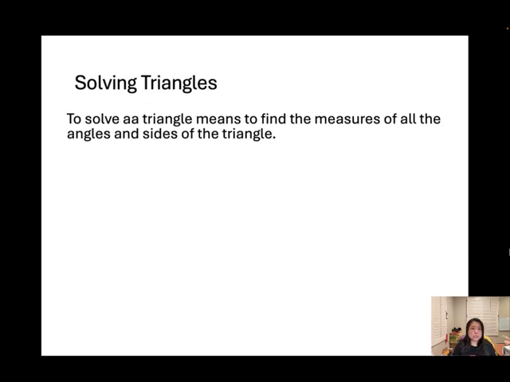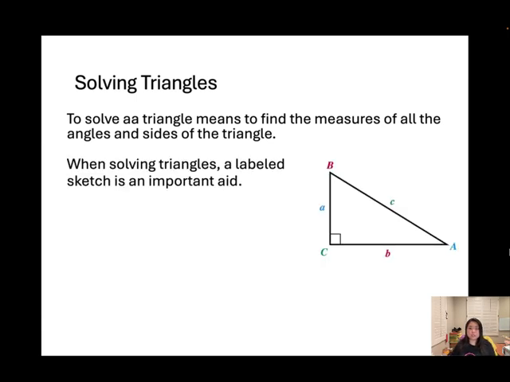Solving triangles. To solve a right triangle means to find the measure of all the angles and the sides of the triangle. So we have the right triangle here. Solving the right triangle means you want to find angle A, angle B, angle C, and sides a, b, c.